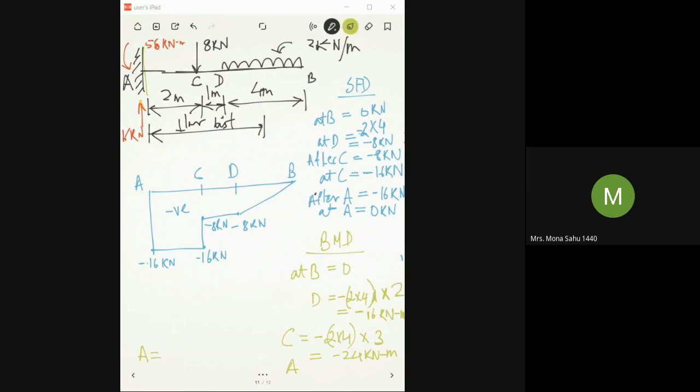Okay, point A is going to be minus 2 multiplied by 4 multiplied by 3 plus 2, 5, minus 8 into 2. So it is minus 56 kilonewton meter.